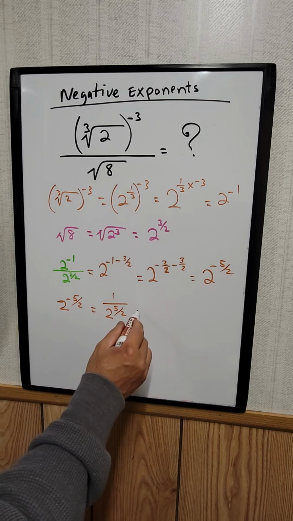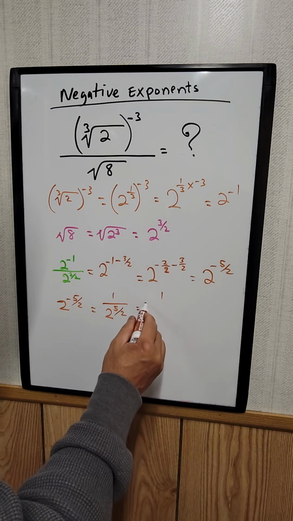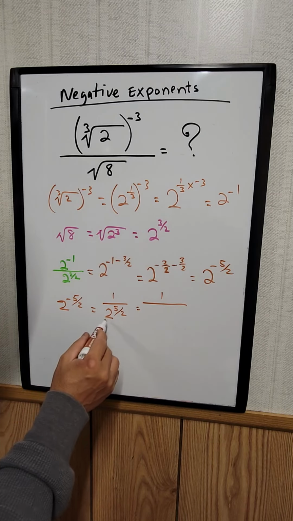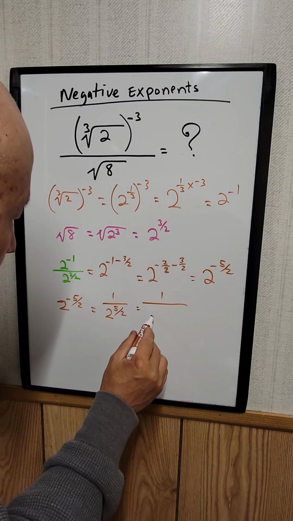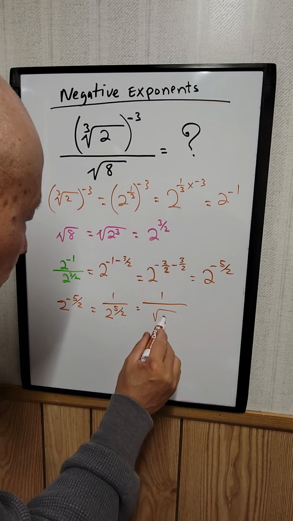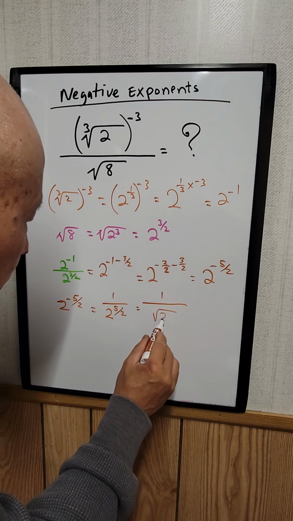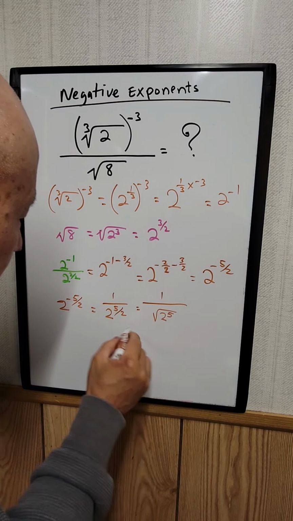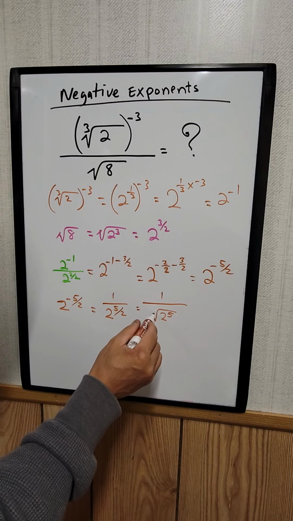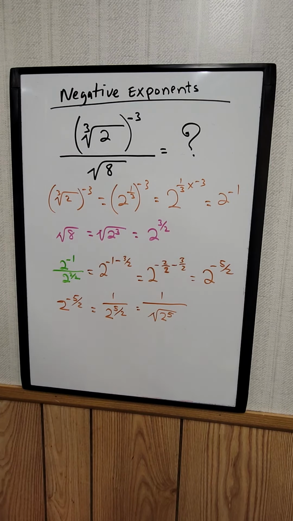And from this form, we can rewrite this as 1 over the square root of 2 raised to the 5th. That's the same thing right here. We can convert like that.